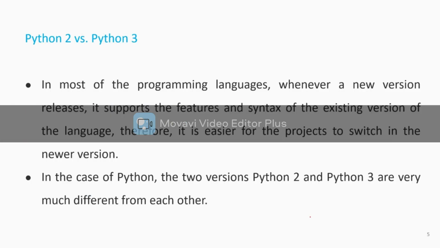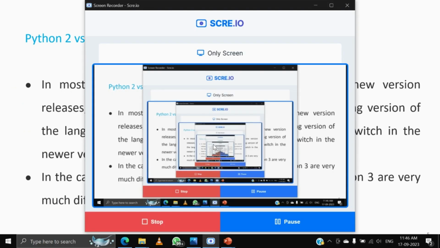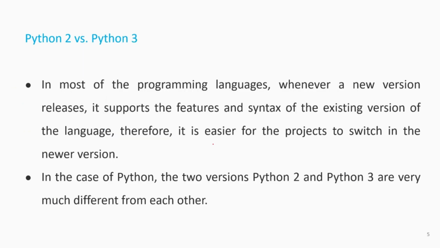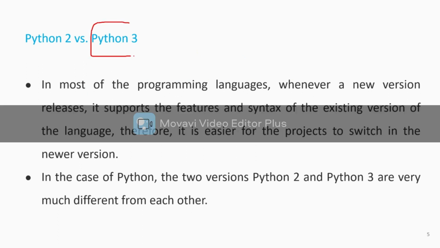The programs written in Python 3 are not compatible with Python 2. That means it is not backward compatible. So whatever programs we have written in Python 3, you have to execute using Python 3 itself, not using Python 2. Okay, so this should be there in your mind.